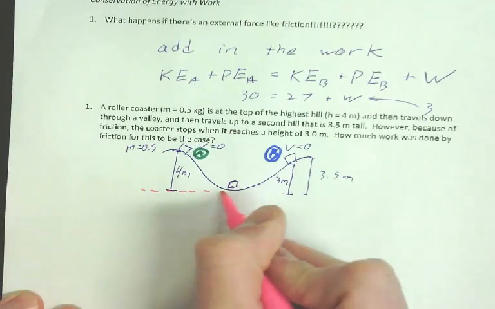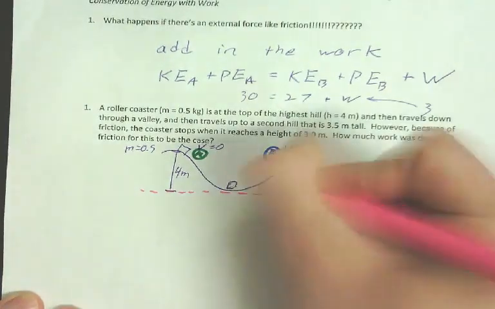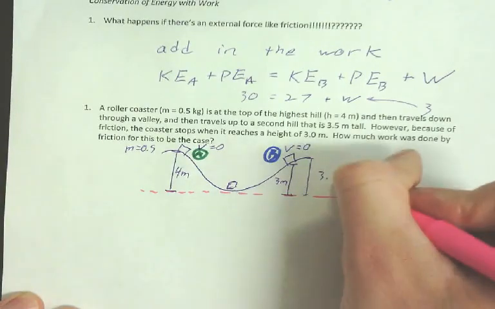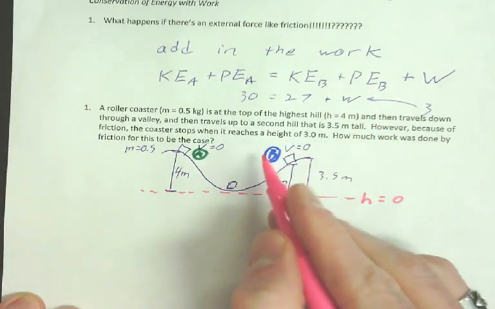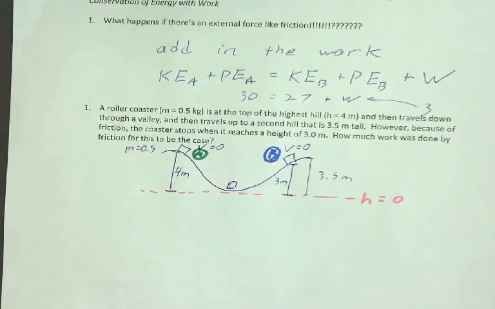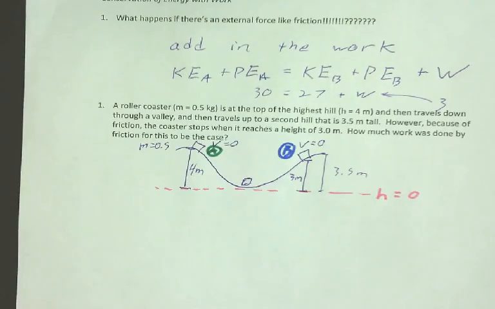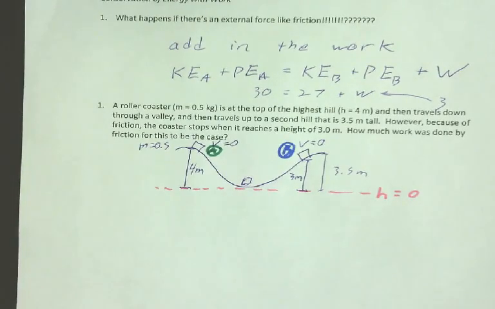You can certainly do the same thing you did before, though, so if you made B 0, you can do that again. But do notice that B is not at 3.5 now. B is at 3. So, next step. Find potential and kinetic energy at A and B, just like before.